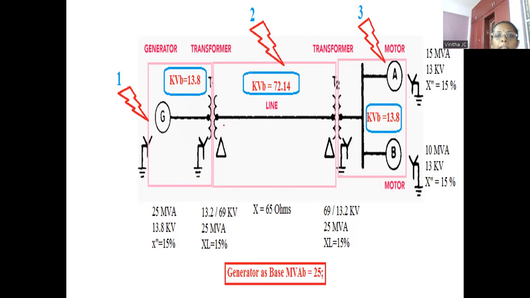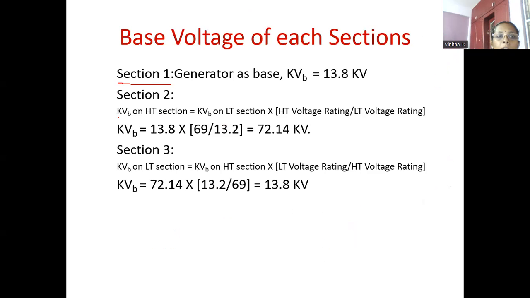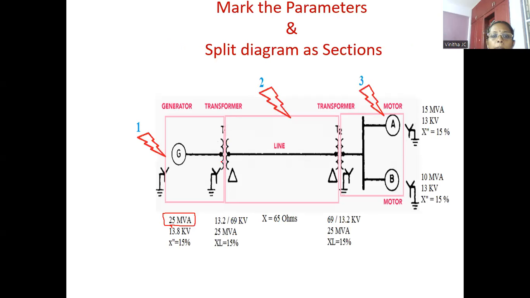So we can apply the formula: KVB on HT side of transformer T1 equals KVB on LT side of transformer T1 into HT voltage rating divided by LT voltage rating. What is the KVB rating on the LT section of transformer T1? It is nothing but 13.8 kV.